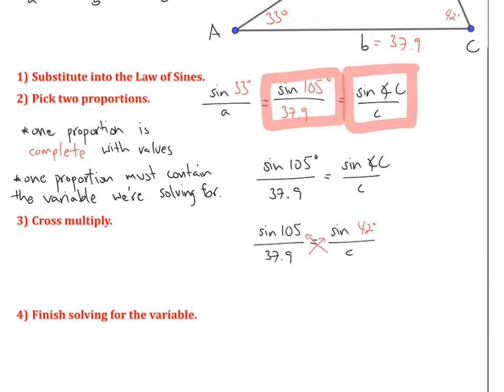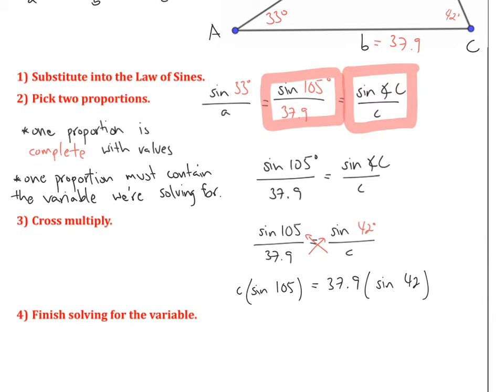And here's what we get. We get c times sine of 105 is equal to 37 and 9/10 times sine of 42 degrees. Now, a word of advice: any variables or values that you are multiplying with sine of something else, write it in the front, on the left side.